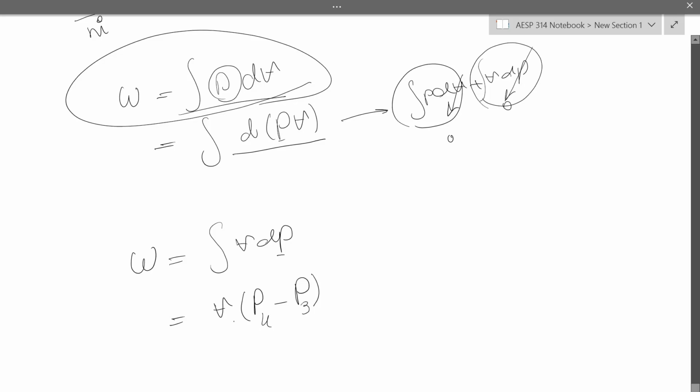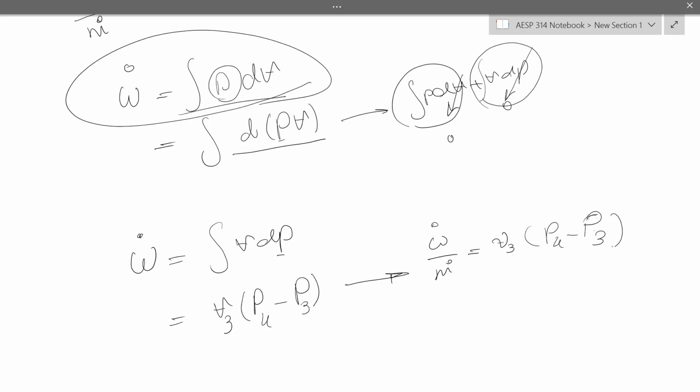The volume can be at point 3 or point 4, it doesn't really matter. Keep in mind that this is W dot, so we are talking about power. If we divide this by m dot, we get the specific volume times P4 minus P3. Can we read any of these parameters from the tables, or is any of them given to us?